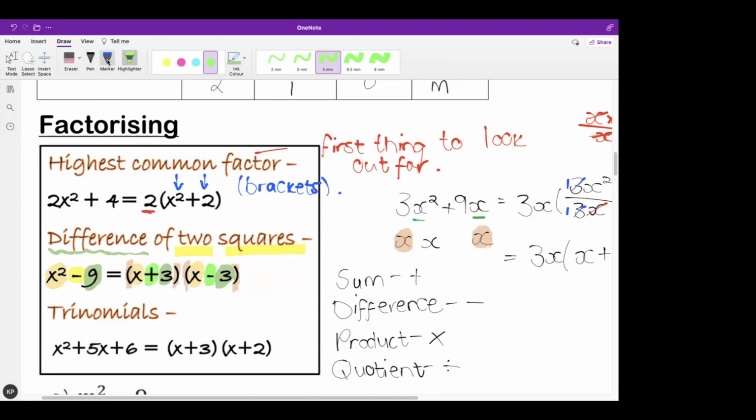Okay. And then the last one we did was trinomials. Trinomials. Tri, the prefix tri means what? What does the prefix tri mean? Let's hear, guys. What does the prefix tri mean? It means 3. Thank you, Buhlale.